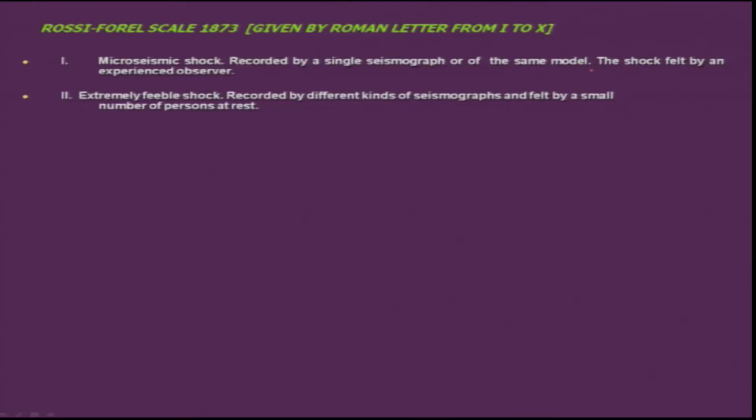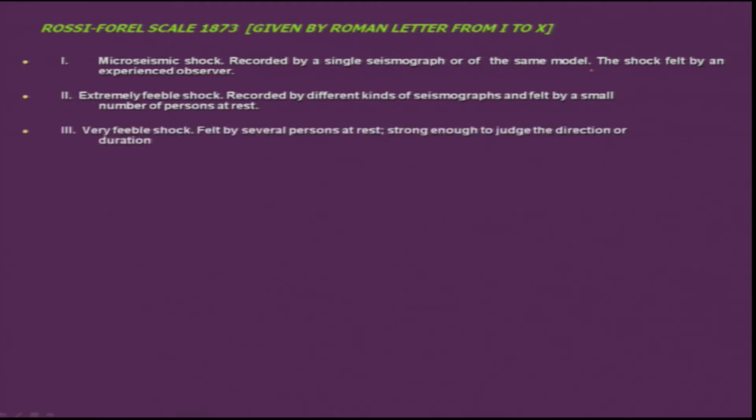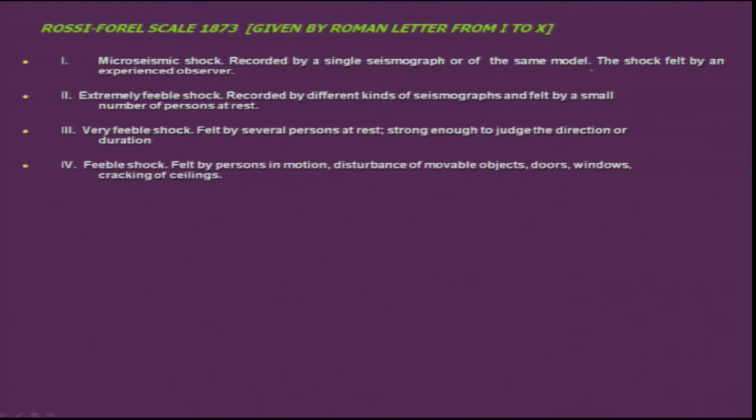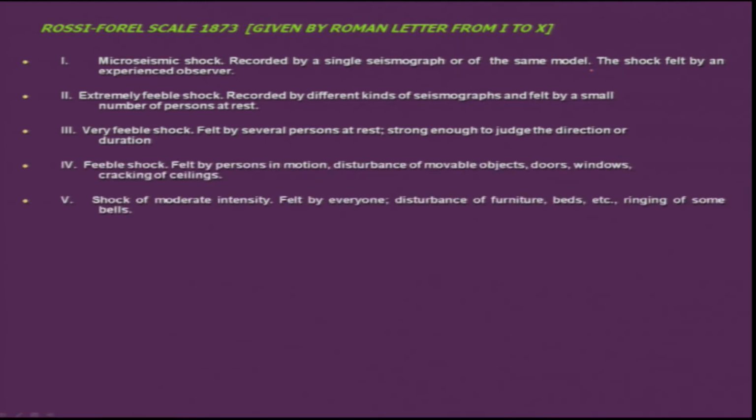Intensity 2 is an extremely feeble shock, and then 3 is a very feeble shock, so few people will be able to judge that there was some ground shaking. Then 4 is a feeble shock, then a shock of moderate intensity up to 5, felt by everyone. Intensity 5 will be felt by everyone, with disturbance of furniture, beds and all that, and ringing of some bells.